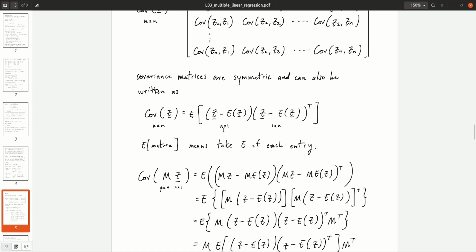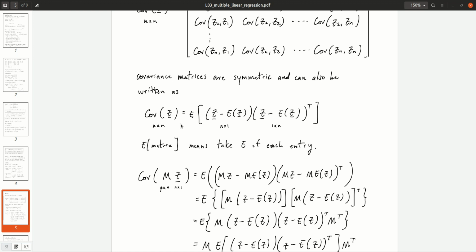So this is going to be an n by n matrix, a random matrix because it contains random variables. And what's going to show up is that the ij entry of this is zi minus expected value of zi times zj minus expected value of zj, and then you take the expected value of that. That is just the definition of a covariance.